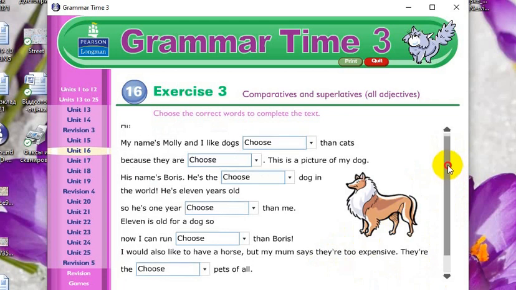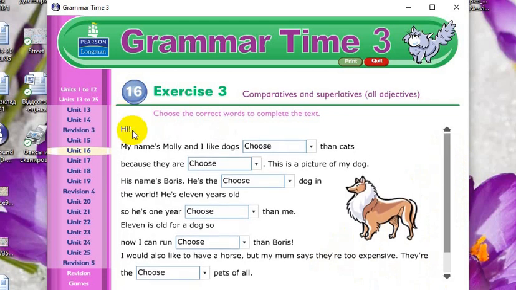And let's choose the variants to fill the gaps. Hi, my name is Molly and I like dogs more than cats. More or most? We have the comparative form. More than cats, because they are friendlier. We compare dogs and cats again, so we use friendlier.